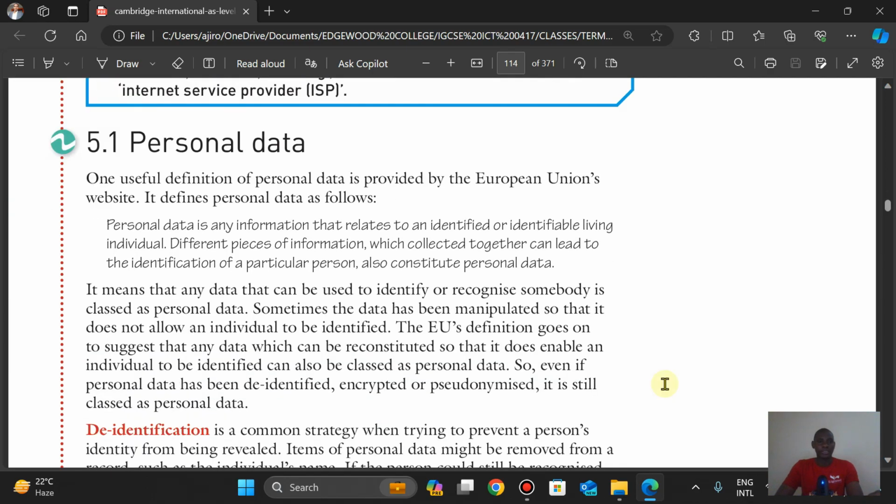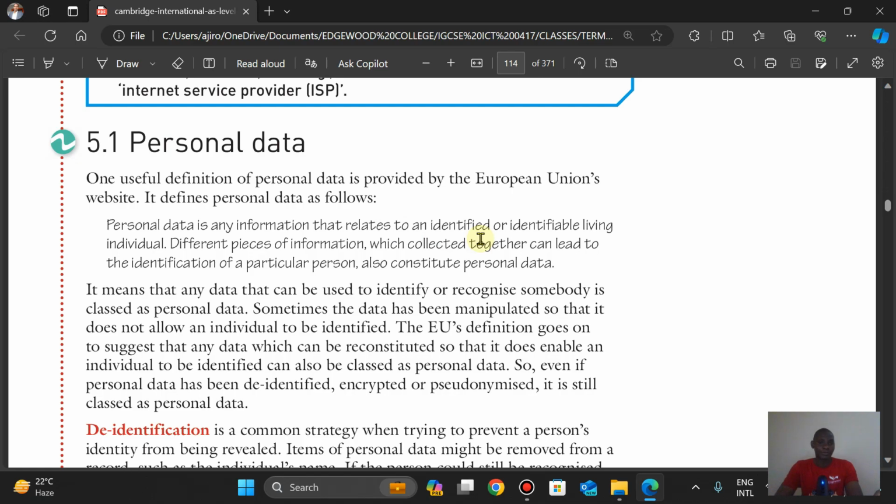The first thing we look at is personal data. When we talk about personal data, this is data that is unique to you. But let's put a definition to it. Personal data is any information that relates to an identifiable living human being.